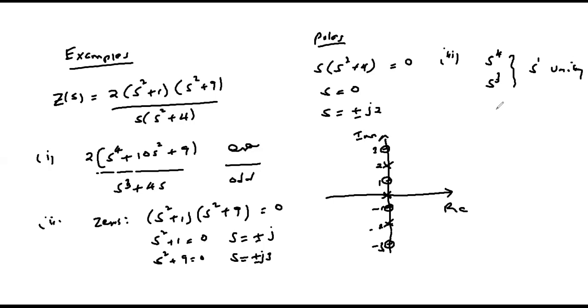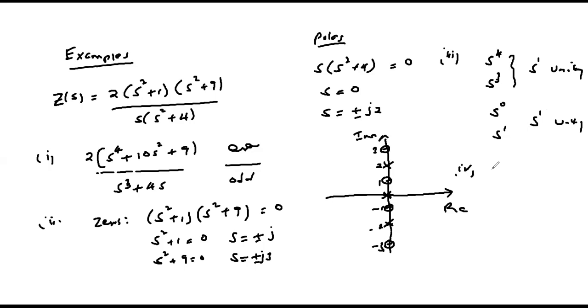The lowest power of S in the numerator is S power 0, for a constant, and the lowest in the denominator is S. Again, they differ by S power 1, and again, they differ by unity. Through this, we notice that property number 3 is met.